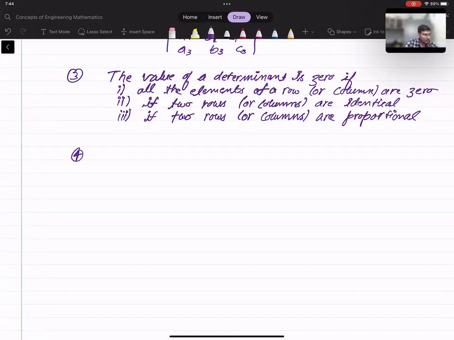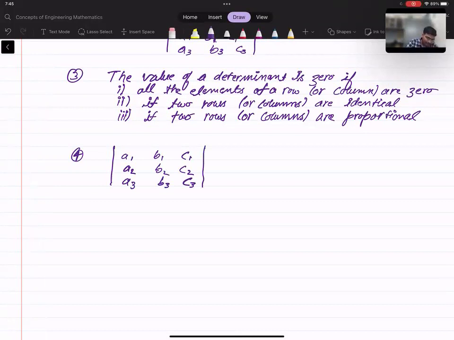This can be written as, say we have a determinant A1, B1, C1, A2, B2, C2, A3, B3, C3, like this.